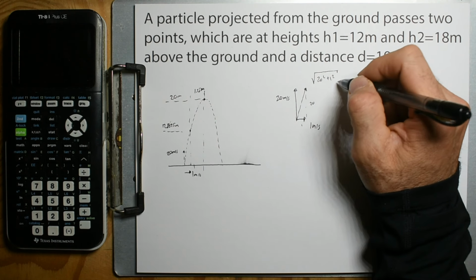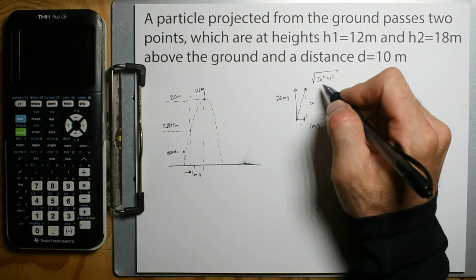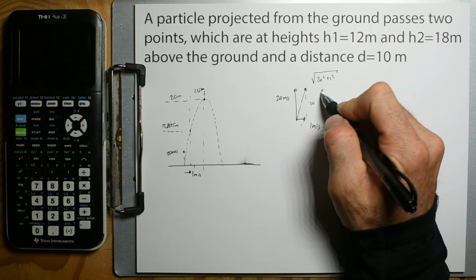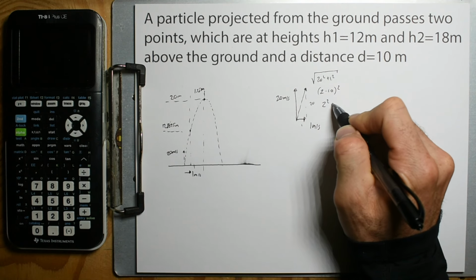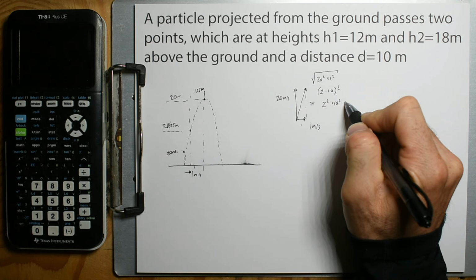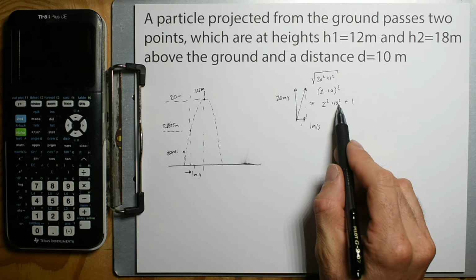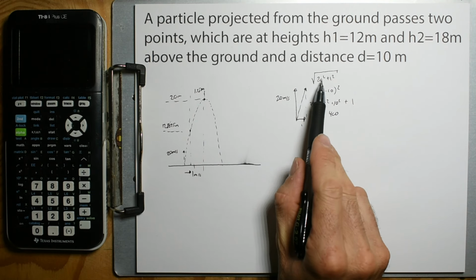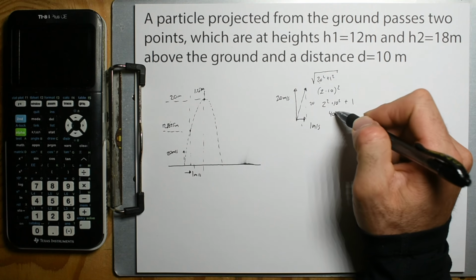I like to do this, especially if you're not using calculators. 20 is just 2 times 10, and then we square that. The square can be applied to the 2, it can be applied to the 10, plus 1 squared is just 1. And so we have 100 times 4, so we have 400. Even though I should be able to just see that this is 400, maybe I messed up and said it was 4,000.